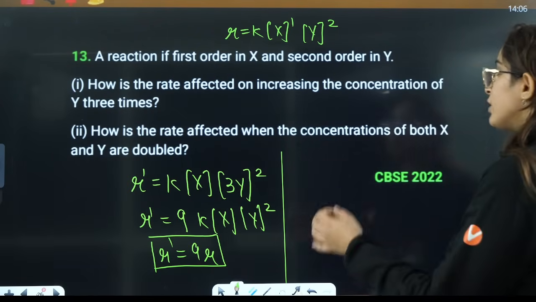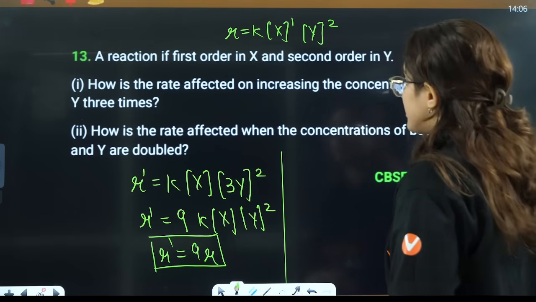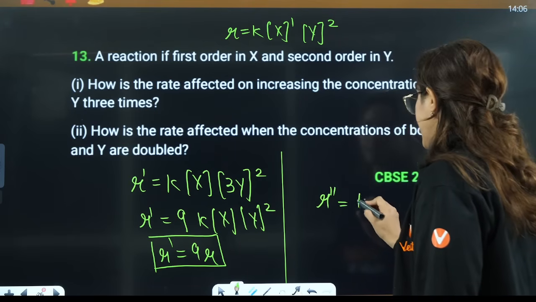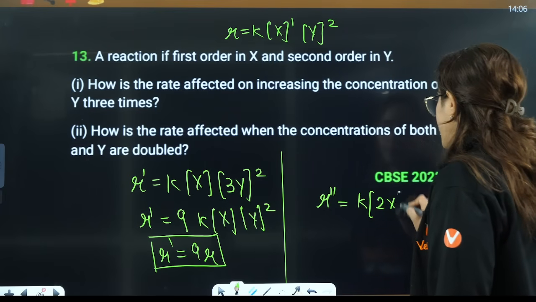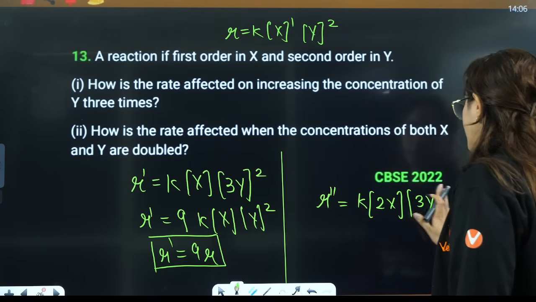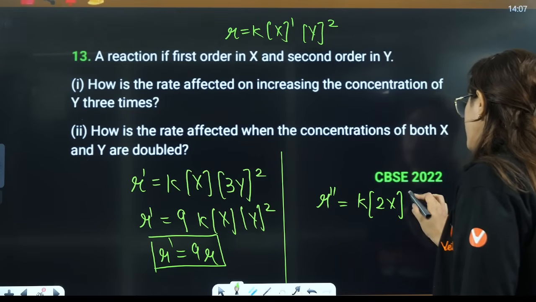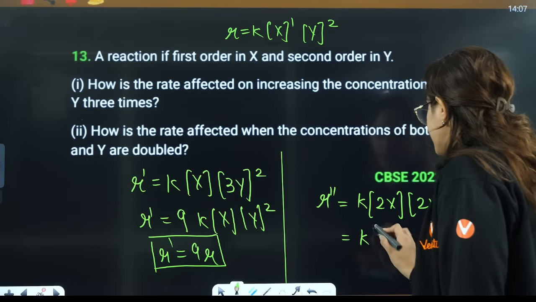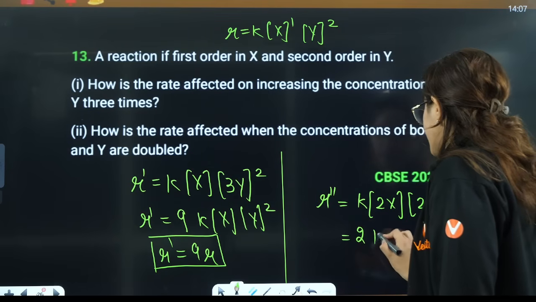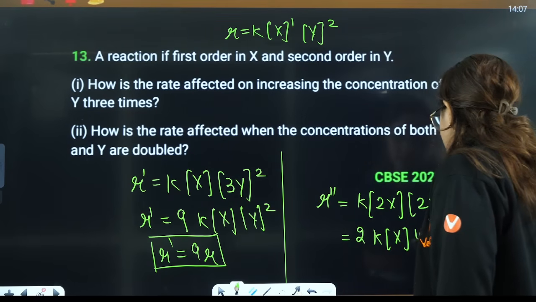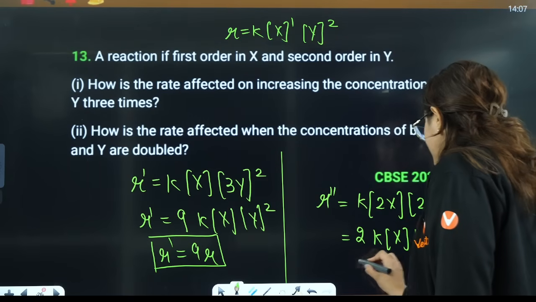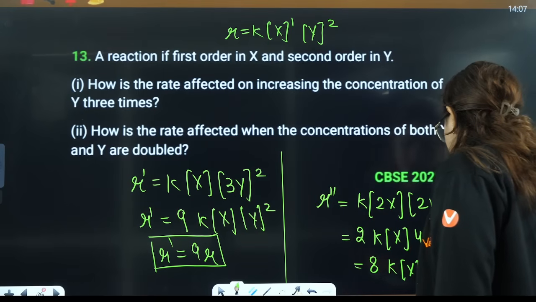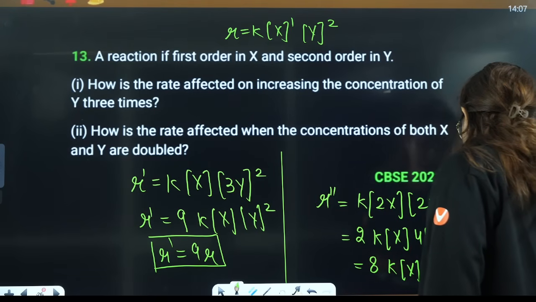You have how is the rate affected when concentration of both X and Y are doubled. Both should be doubled. So here R double dash is K, X is doubled and Y is also doubled. So here it is K, this is 2X, this is 4Y square, that is 8KXY square, that is 8R.